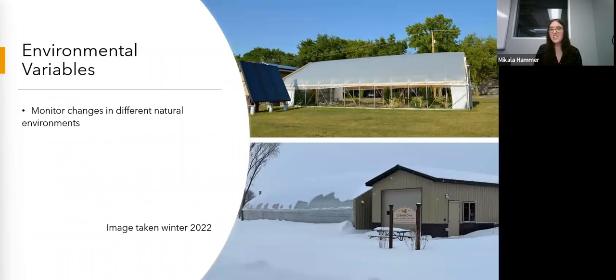And now just to highlight some of the environmental variables that we're looking at, we have a photo of the high tunnel in the summer compared to one taken this winter. As you can see in the winter, the ground is covered in snow, so we have different moisture conditions in the outdoor garden and the high tunnel, where it is completely covered in plastic, so there's no snow cover.